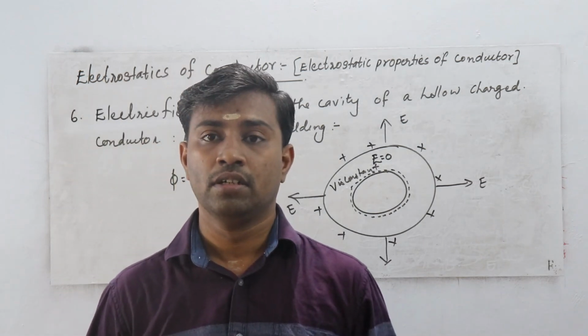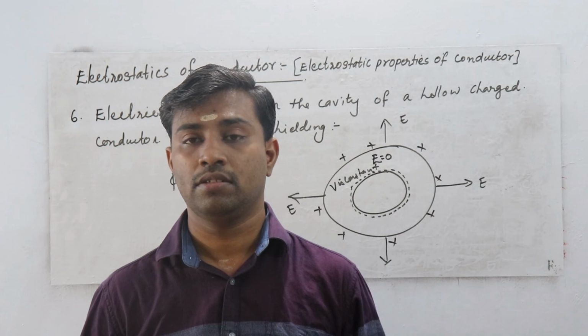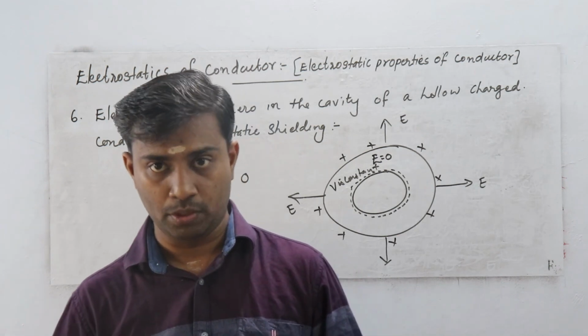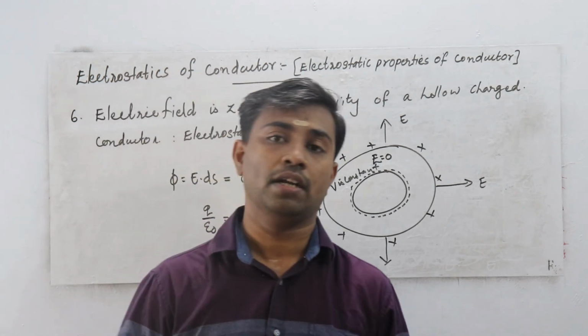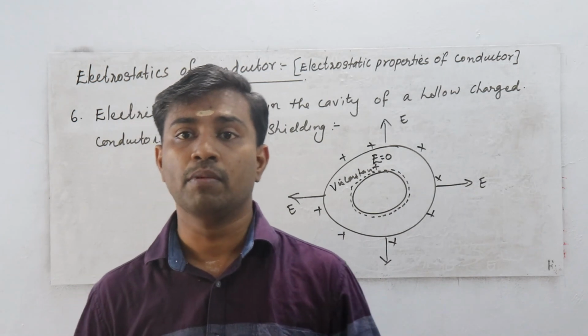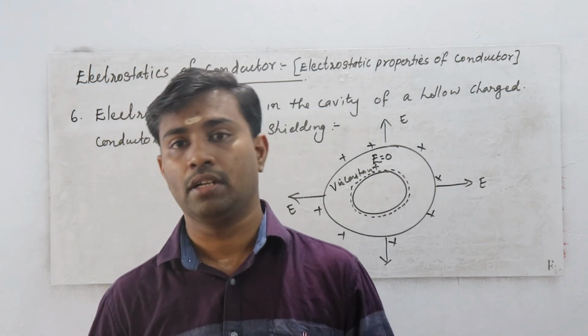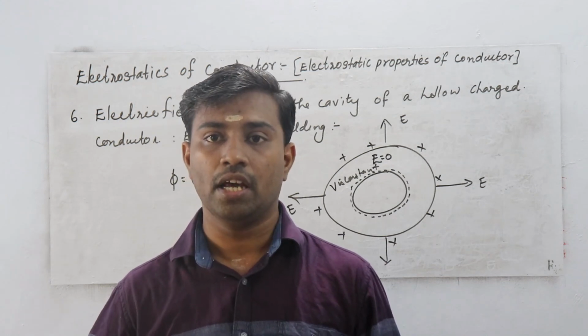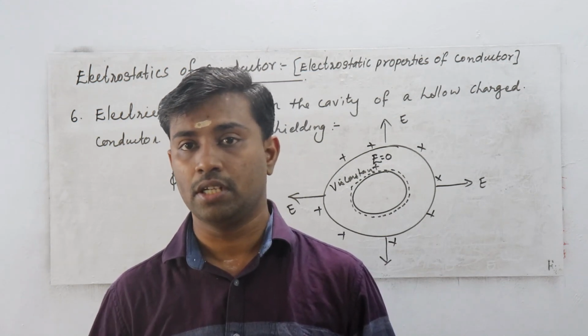The third: all the excess charge is on the surface of a conductor. The next one we discussed: inside a conductor potential is constant. The next property: on the surface of a conductor, electric field intensity is given by E is equal to sigma by epsilon 0. And the last property is electrostatic shielding.